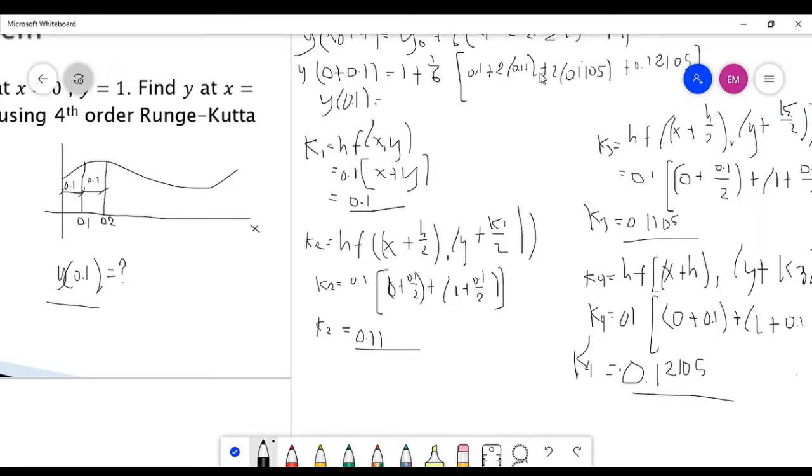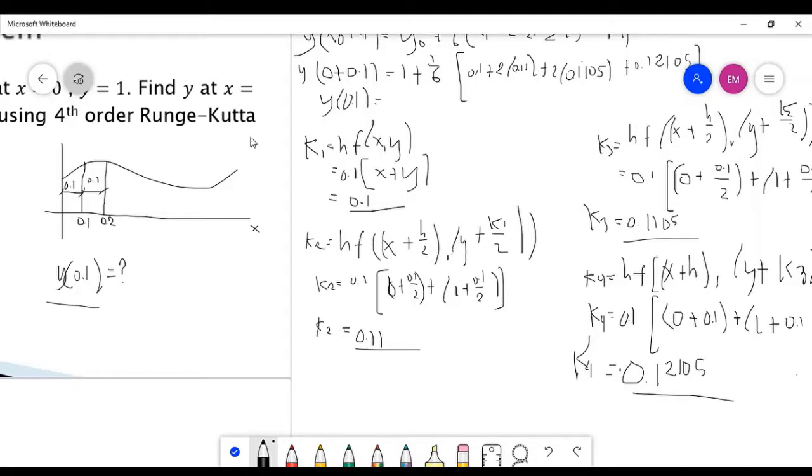So we have 0.1 plus twice of 0.11 plus twice of 0.1105 plus 0.12105, and multiplied by 1 over 6, plus 1.